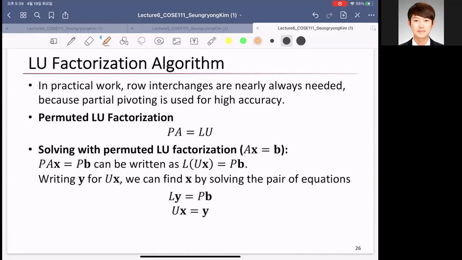But in the practical world, row interchanges are nearly always needed. So partial pivoting is used for higher precision.